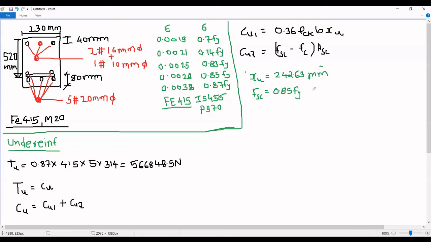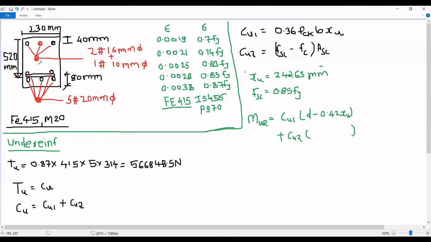This corresponds to the iteration that converged. Now, let us write down the moment of resistance of this cross section. MUR will be equal to CU1 into its lever arm. The lever arm of CU1 is D minus 0.42 XU. This has already been derived. Plus Cu2 into the lever arm of Cu2.